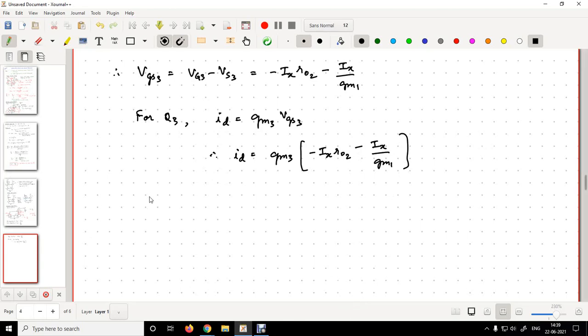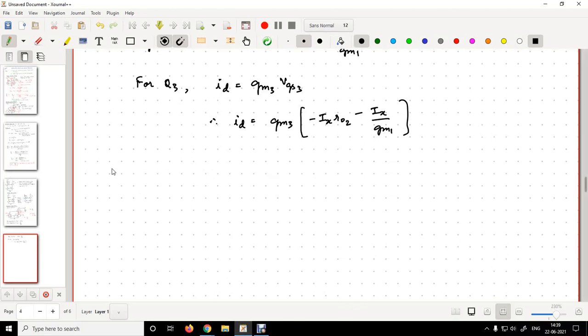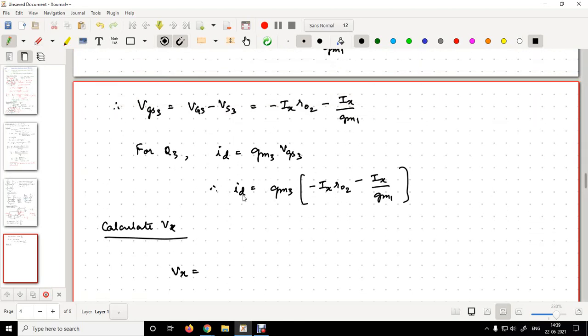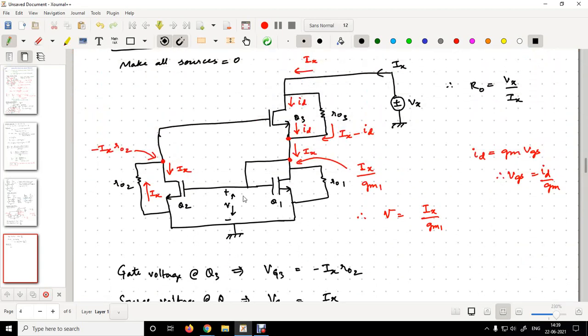Now let us calculate Vx. I have to do Vx by Ix, right? So Vx here is the voltage drop across R03, this one, and voltage V. Addition of these two voltages will give me Vx.